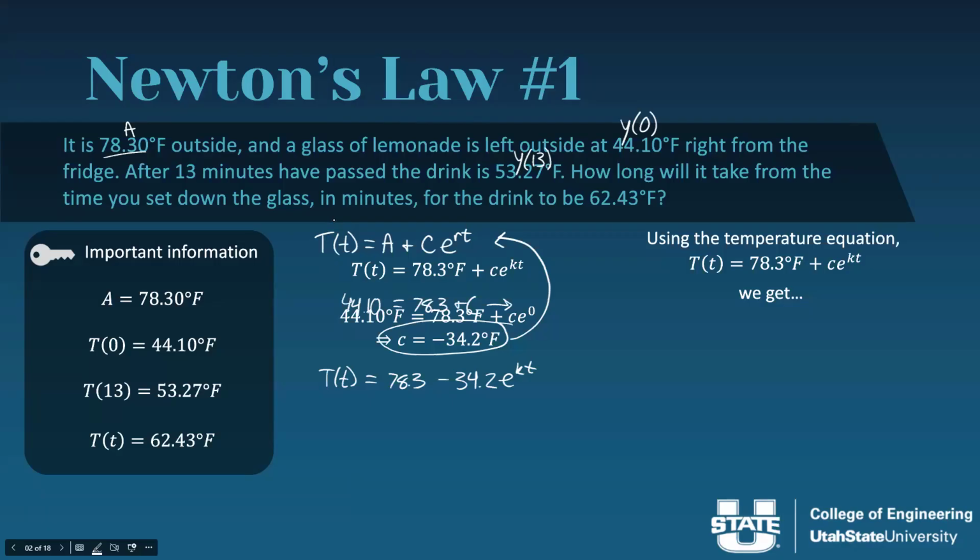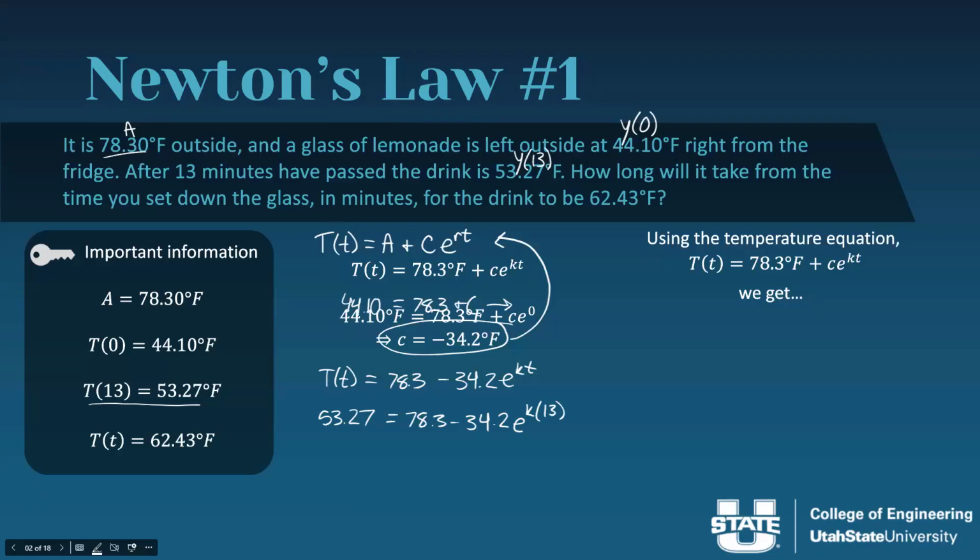Okay, now the only thing left to find is k, and we have some given conditions that are going to help us find that. So we're going to use that at 13 minutes, it's 53.27 degrees. So we're going to plug in our 53.27 is equal to our ambient temperature minus 34.2 e to the k, which is what we're solving for. And now we know t is 13 here. So we can plug this in and now we can solve for k.